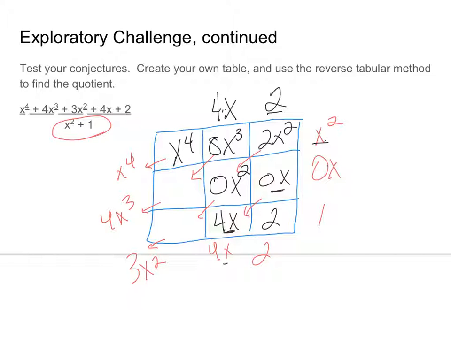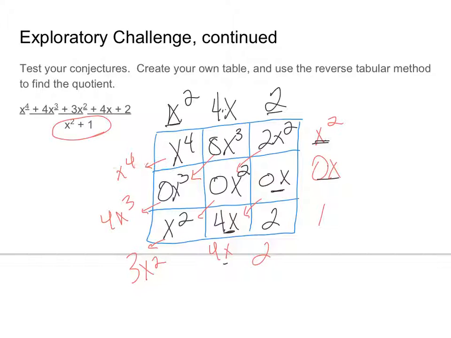That gives me an x squared. Cool. So let's figure out our unknown. 1 times what is x squared? Perfect. Now multiply down the column. X squared times x squared is x to the fourth. Check. X squared times 0x is 0x cubed. And we're done. Let's double check our work.